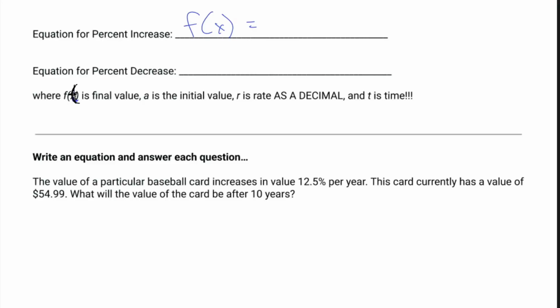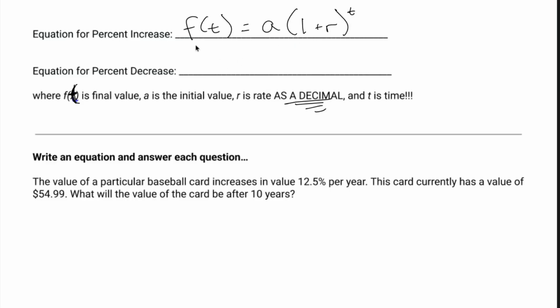F of t is going to be the final value. What you're going to do is a, which is the initial value, times 1 plus r, r being a rate as a decimal, to the t power.